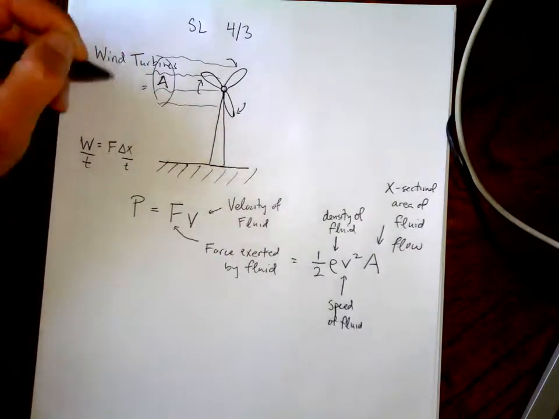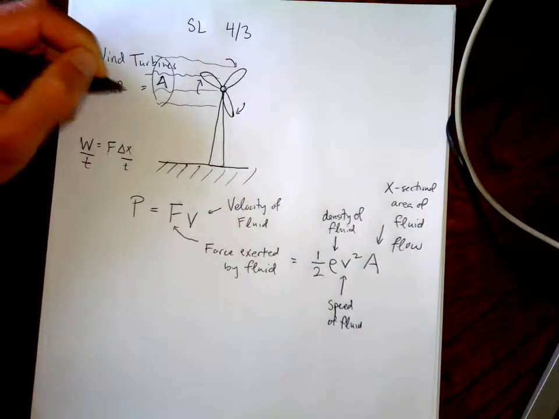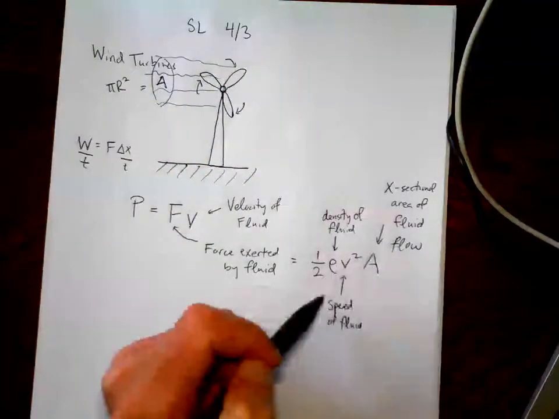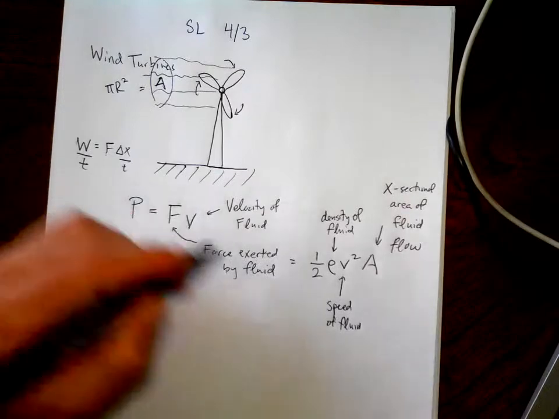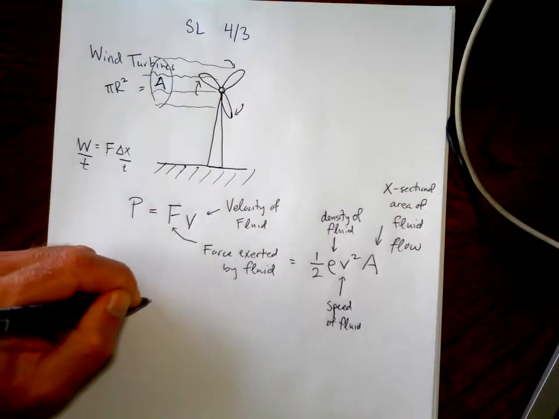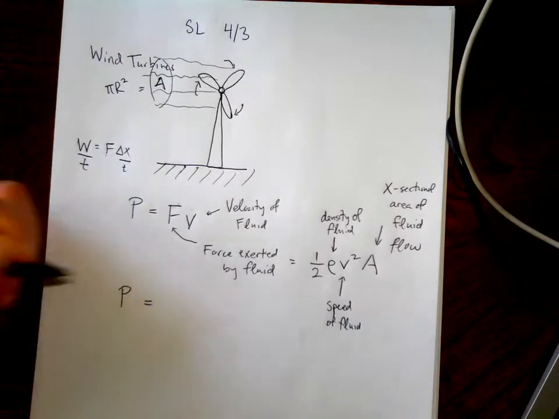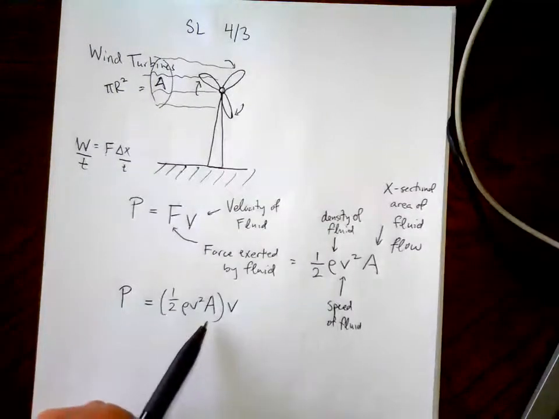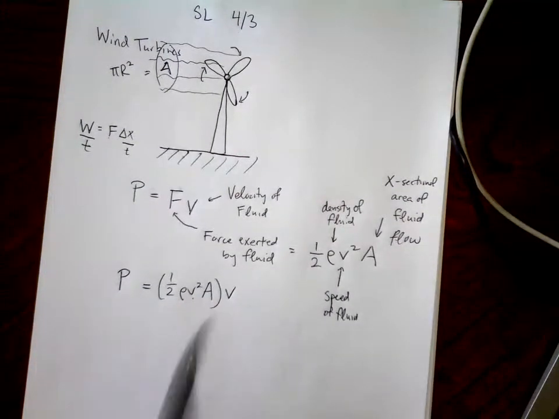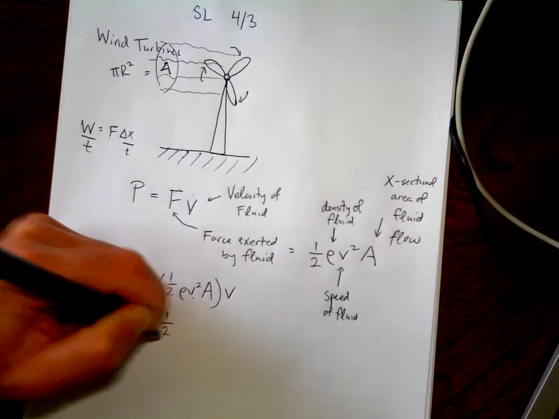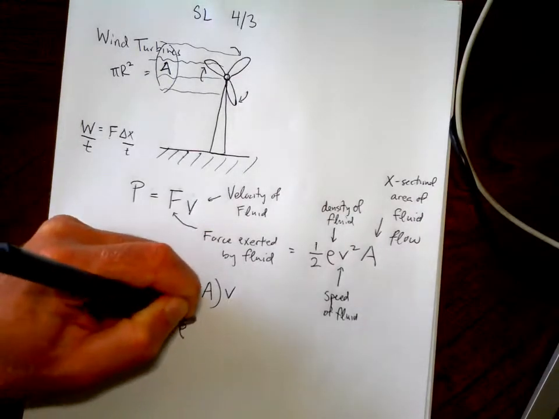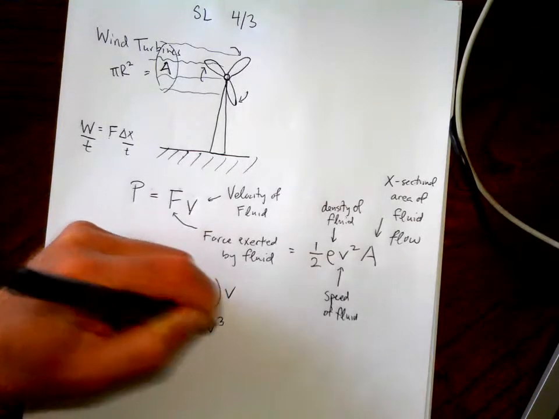So it's just going to be pi r squared, where r is the radius of the blades. So I can plug that in for force, and you can see that we have v squared times v, which is v cubed. So we can write that as 1/2 rho A v cubed.